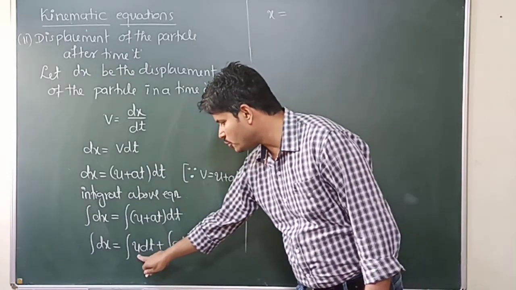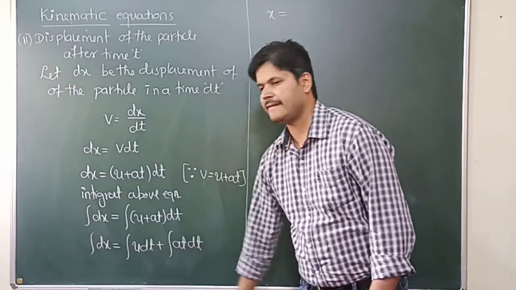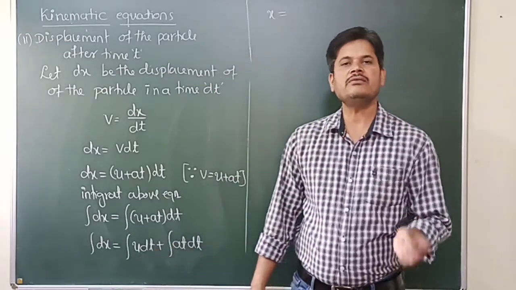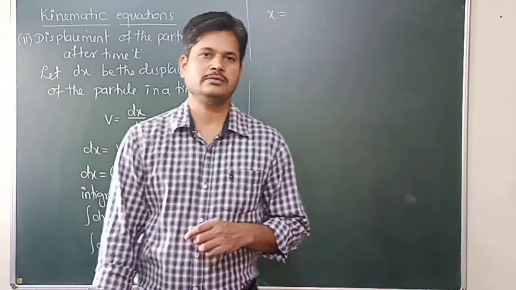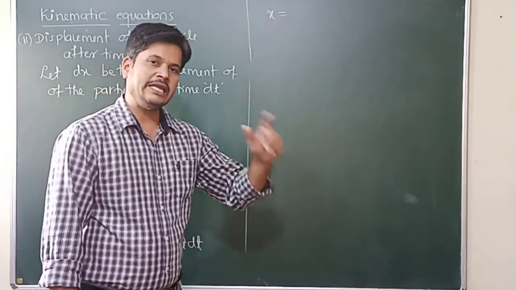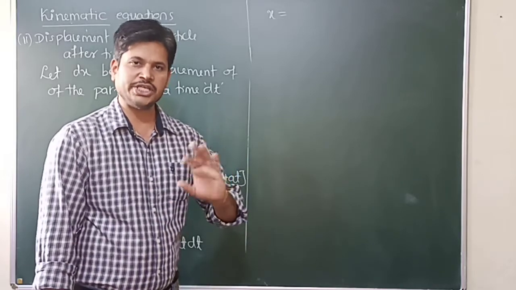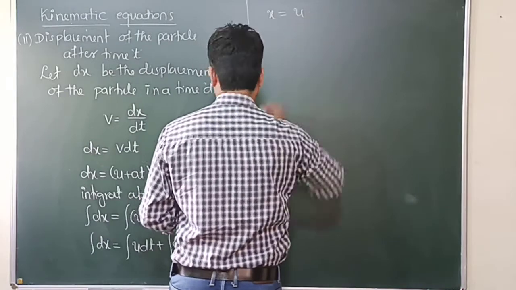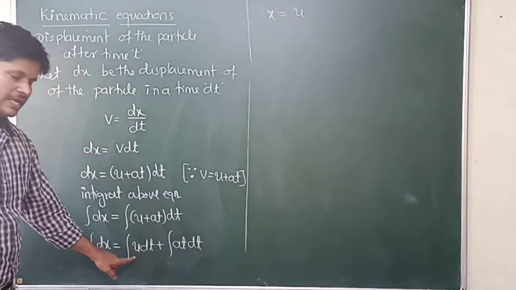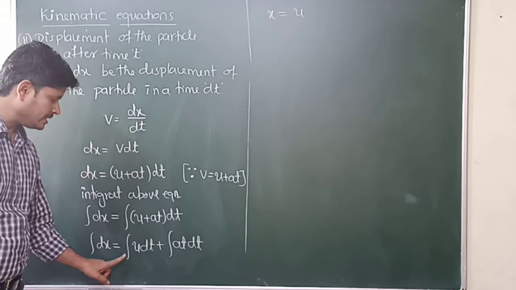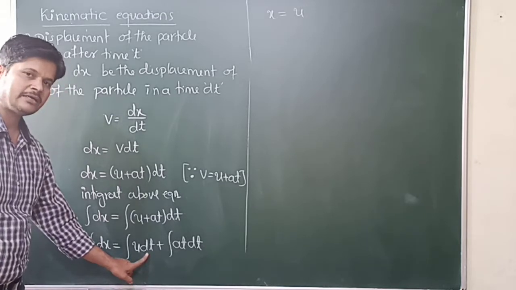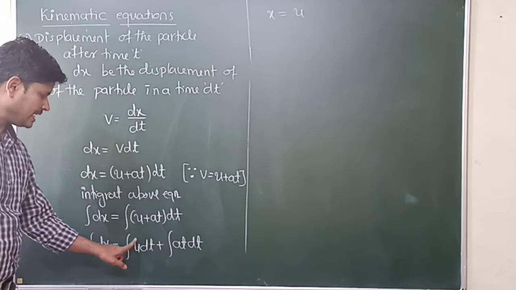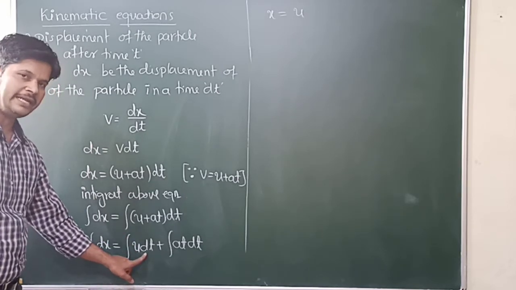Integration of u with respect to dt. This u is the initial velocity of the particle. The initial velocity does not change, it remains the same, u. What is the remaining term? If you take u outside the integration, then it becomes integration of dt.